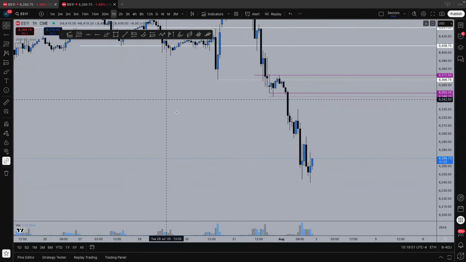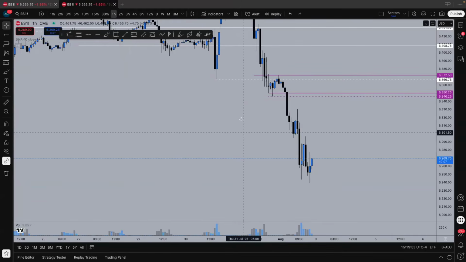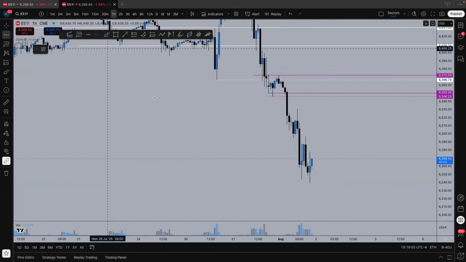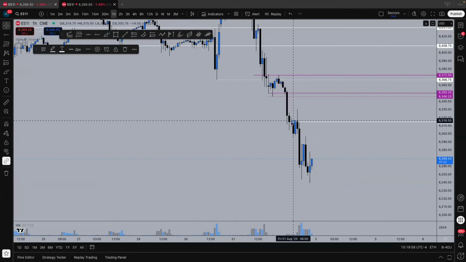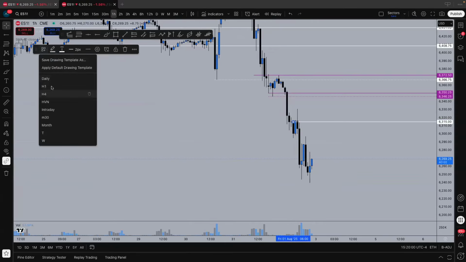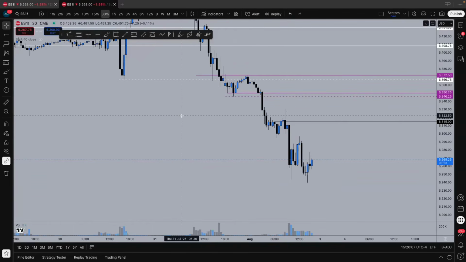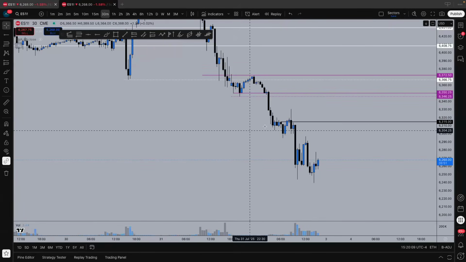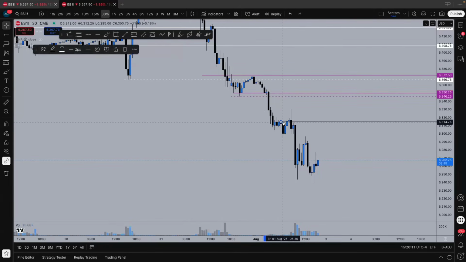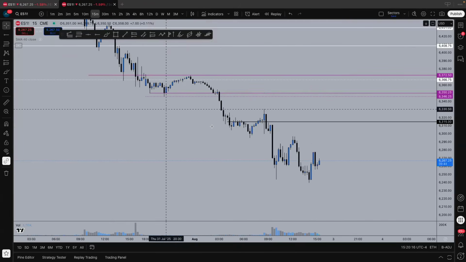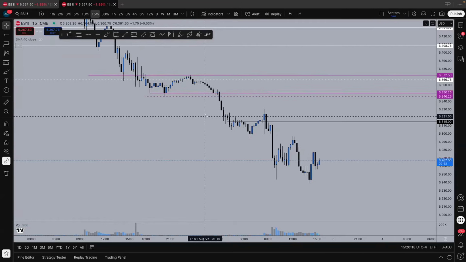I might want to say, well, what does this look like on an hourly? Okay, that's a little bit cleaner. So what I might do is say, well, what if I popped a level here? Oh, H1. So that's going to be black. And what does that look like on that 30-minute? That looks like that. That's not so bad. What does it look like on a 15? Essentially, what I like to do is say what time frame is giving me a clear picture of what's currently happening in the market.